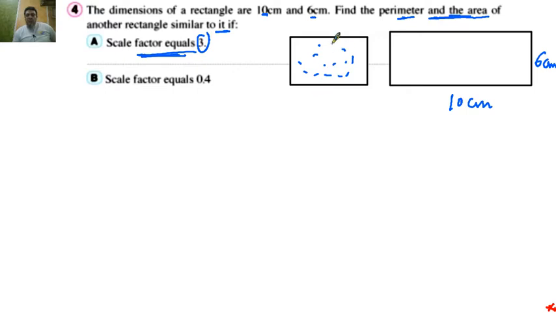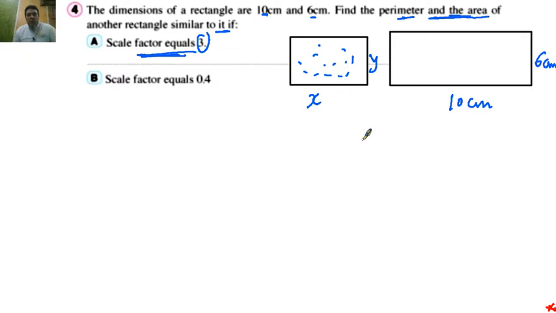Let the two dimensions of the second rectangle be x and y. From the similarity of the two rectangles, the proportion between the dimensions equals 3 to 1, the scale factor, where the smallest is the known and the greatest is the required.